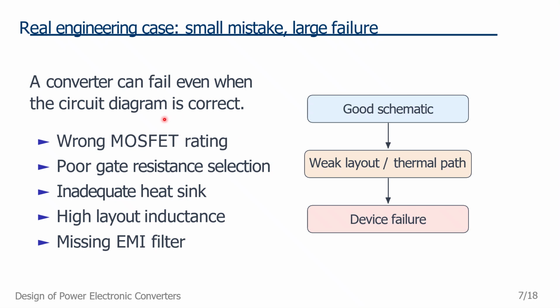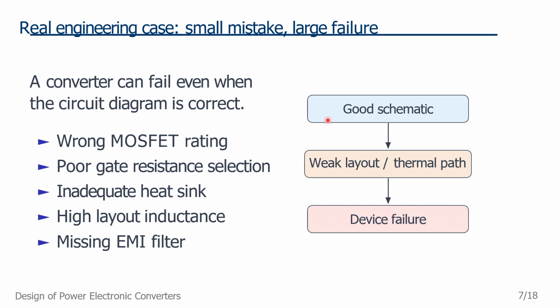It may be a wrong selection of MOSFET, a MOSFET of the wrong rating. Then there may be a poor gate resistance selection, an inadequate heat sink, high layout inductance, or missing EMI filters.